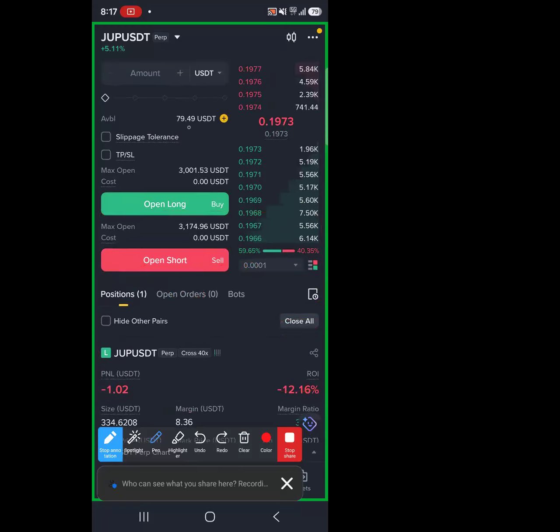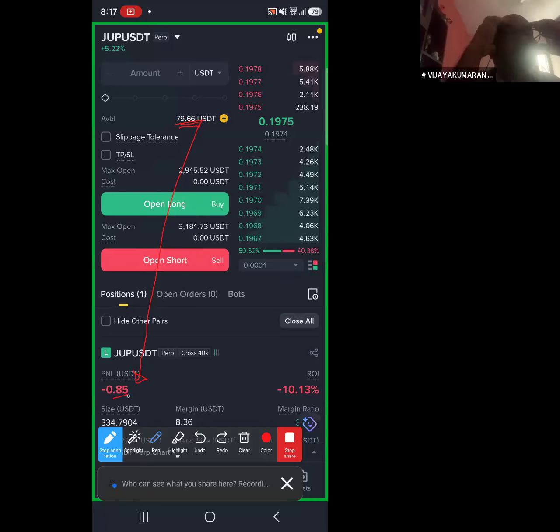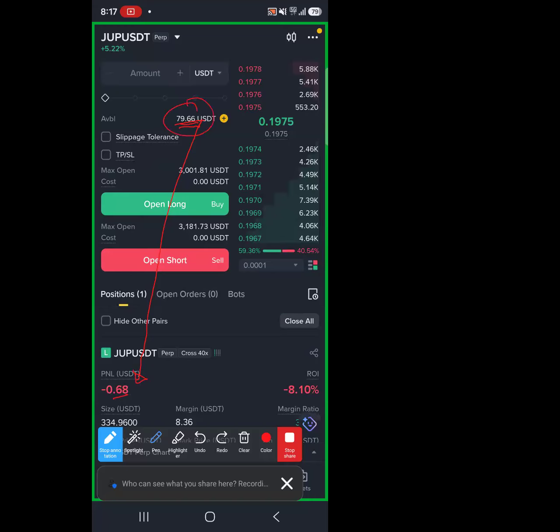But what you must also know is that this available fund keeps on fluctuating based on the PNL. So when you see the PNL is at this, that means this fund here is going to be less by 0.68. If you see 2 here, it means it is going to be less by $2. So it keeps on fluctuating.